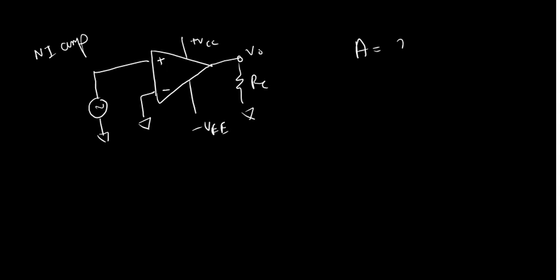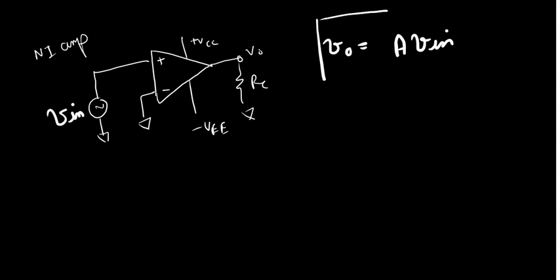The output V naught will be A times V. As you can observe, there is no negative sign because there is no polarity change, right? The polarity of output is the same as the polarity of your input signal.